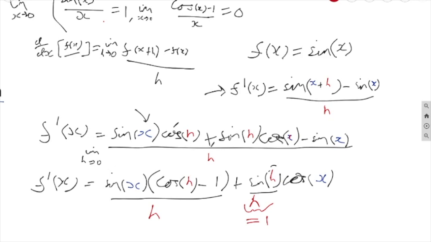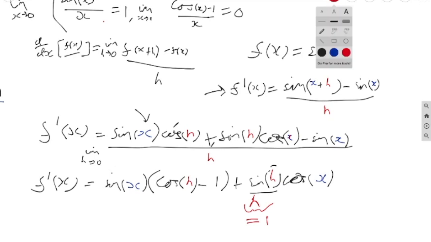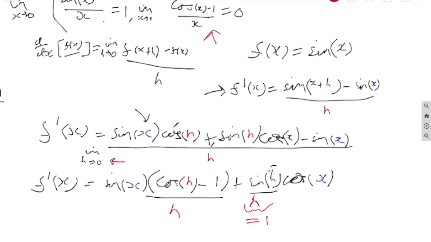Similarly, if we look over to the left hand, the first term, we can see that we have something of x and something in h. Again, because these are multiples, I'm just going to move over the division by h just underneath the cos h minus 1. And again, we're looking at a limit as h goes to 0. And if we go back to the top, we have cos of something minus 1 divided by that same something in this limit as that thing goes to 0.